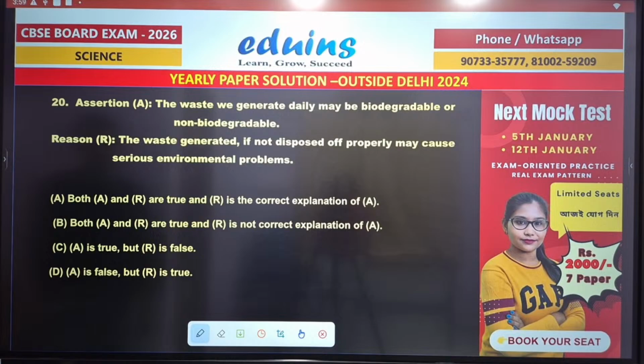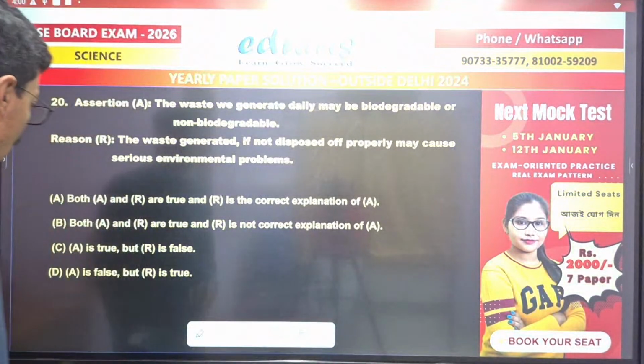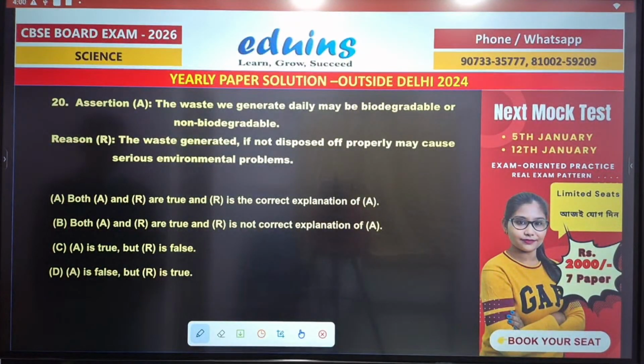Okay, so what will be the correct option? Option A says both A and R are true and R is the correct explanation of A. Option B says both A and R are true, but R is not the correct explanation of A. C says A is true but R is false, and D says A is false but R is true. What is the correct option?